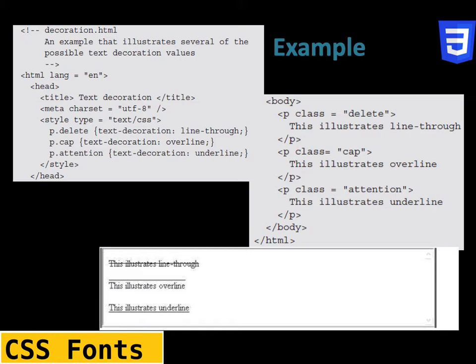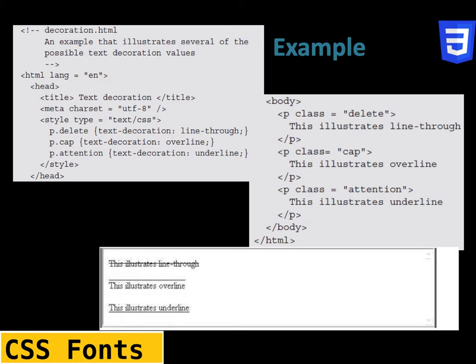In the style element, p.delete, p.cap, p.attention, three different classes are defined there. Delete, cap, and attention are the class names for the paragraph tag. In the delete class, text-decoration colon line-through. Line-through means a strike-off like effect will be there.